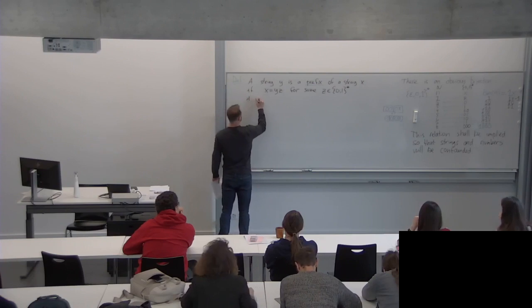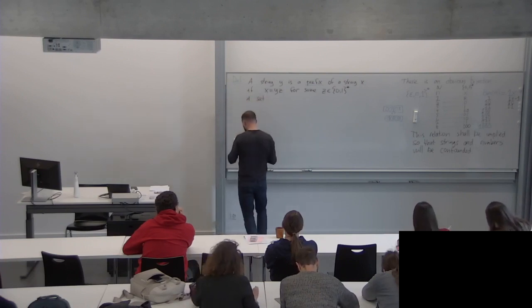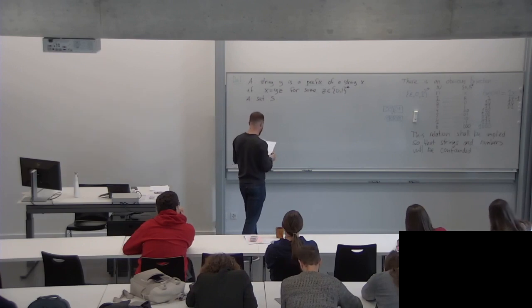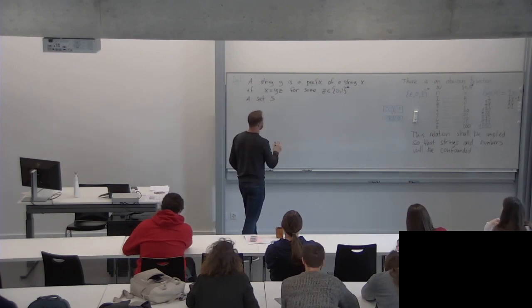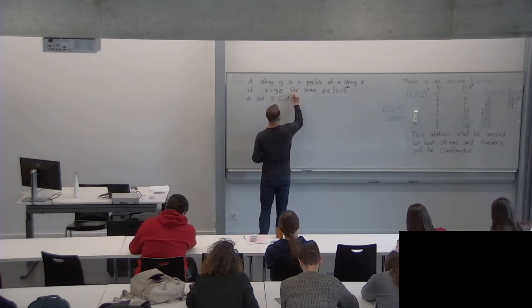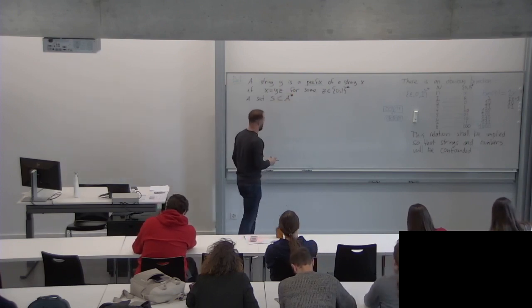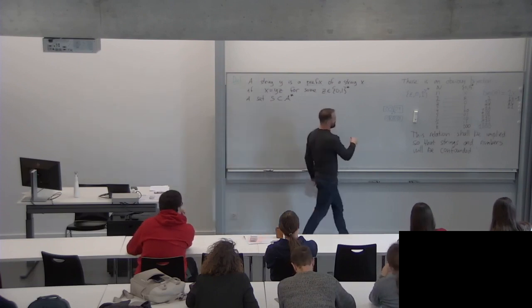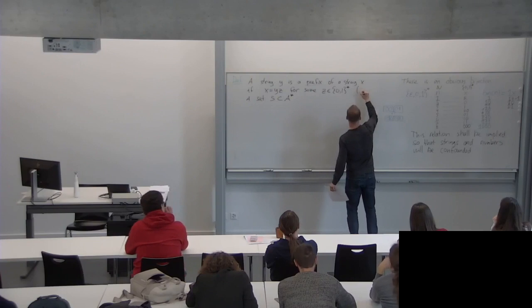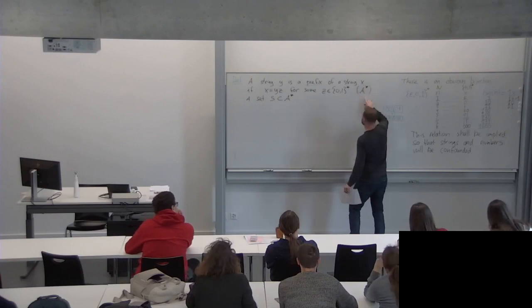A set S, a subset of A star. In the end, I'm sort of keeping a general alphabet. Never mind. If you have written this, you could have just said A star, if you want to keep it general.